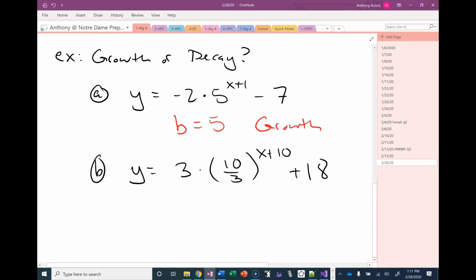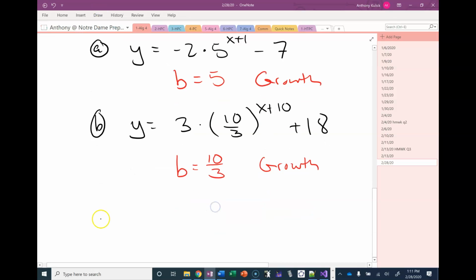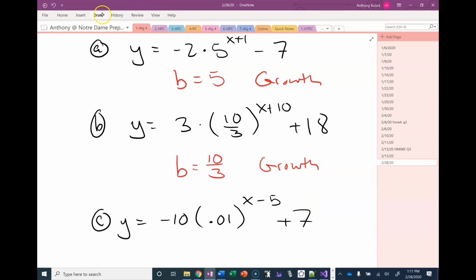How about this one? What's the value for b here? 10 over 3. Is that bigger than 1? Yes, so it is growth. How about this one?